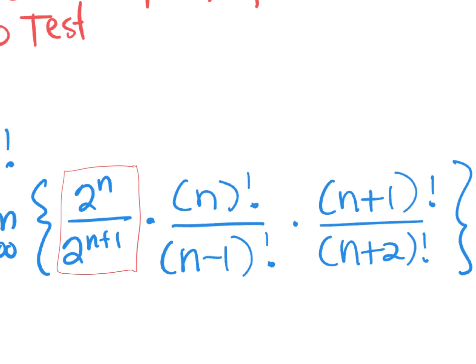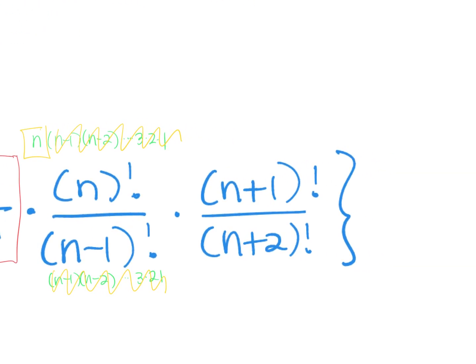Okay, so the numerator would be n, and then n minus 1 and n minus 2 all the way down to 3, 2, 1, whereas the denominator is going to start with n minus 1 and then have n minus 2 and go all the way down to 3, 2, and 1. So they have almost all the terms in common, except the numerator is longer and the numerator has this extra term. So all these terms are going to reduce the entire denominator, and all we're left with is n.